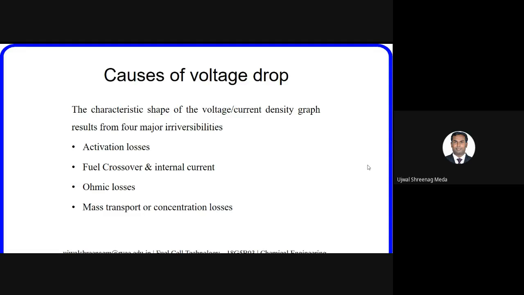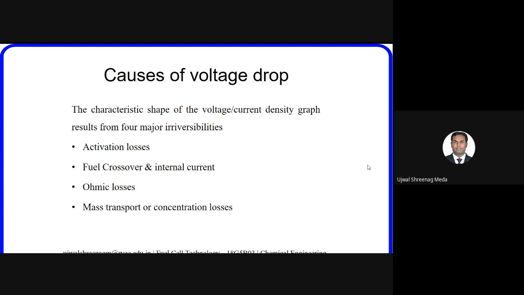The rate at which these are consumed depends upon the rate at which the reaction takes place. If these reactants are not made available at the reaction site at the rate with which they are consumed, the concentration of these reactants will go down. Because of that, there will be some loss in voltage.